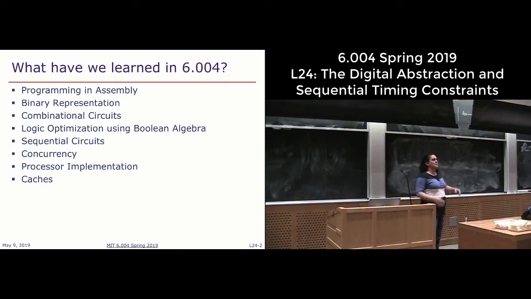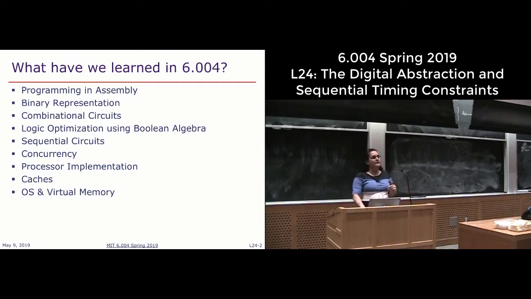So we learned about memory hierarchy and caches specifically, and how we use caches with our processor in order to improve our performance. We moved on to operating systems and virtual memory. So this allowed us to handle things like exceptions, interrupts, running multiple processes safely on the same machine, being able to give everyone their own dedicated address space and not having to worry about them overwriting each other.